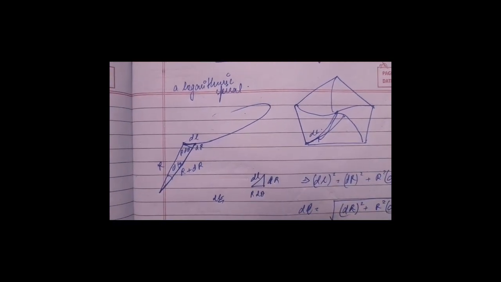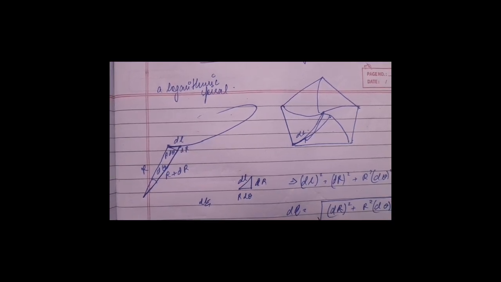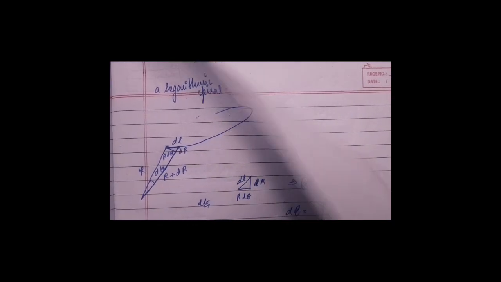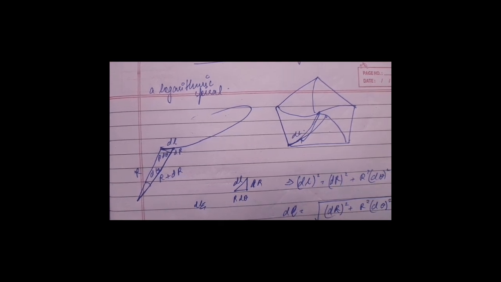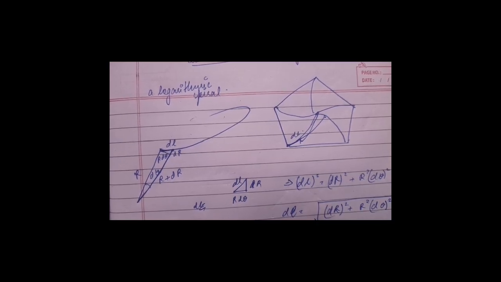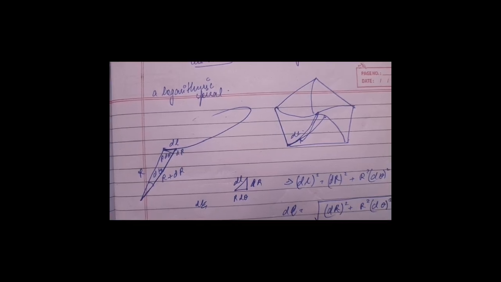Now we can take on the trajectory an infinitesimal element dl, take r plus dr as the change in the radius, and make a triangle, as you can see, with hypotenuse dl, perpendicular dr, and base r d theta.